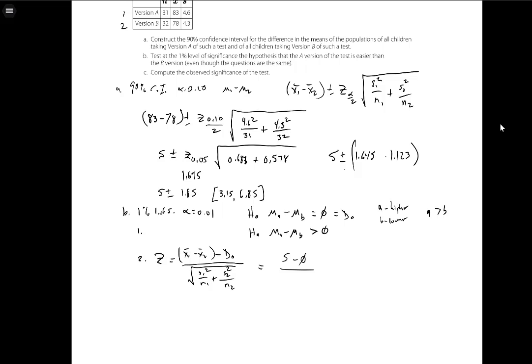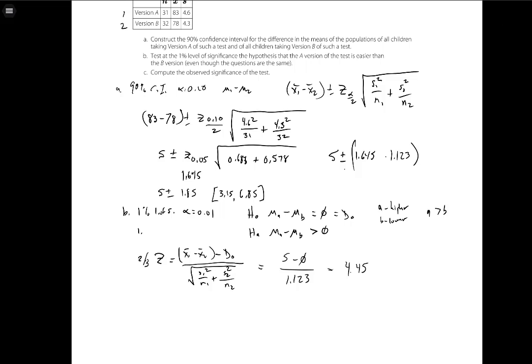Oh, 1.123, which gives us 4.45. So that was calculating our test statistic, steps 2 and 3 in our hypothesis testing.